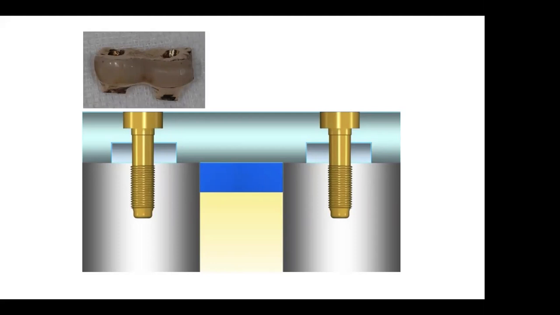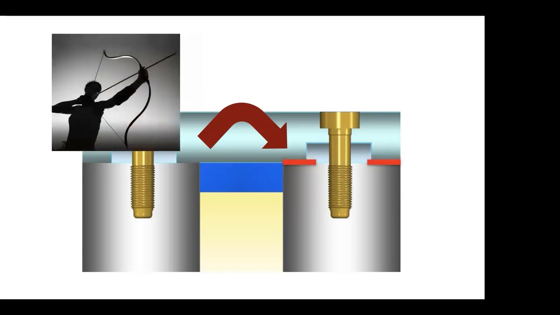With a misfit though, which is usually created from the prosthetic process, when you tighten the screw, what happens? You're literally bending the frame, like an arrow, you know? So now the misfit or the gap is smaller. It was bigger, but now it's smaller because the frame bent.